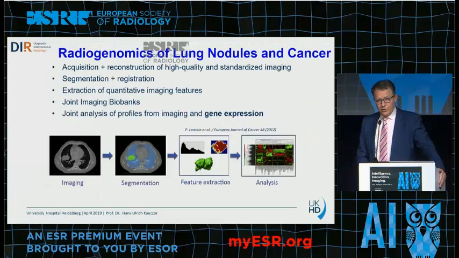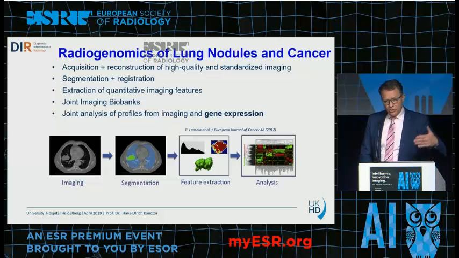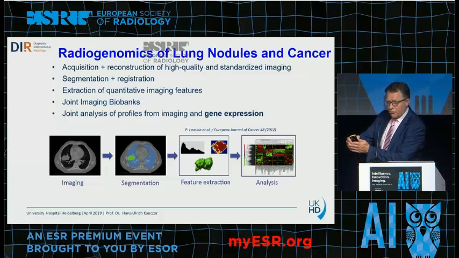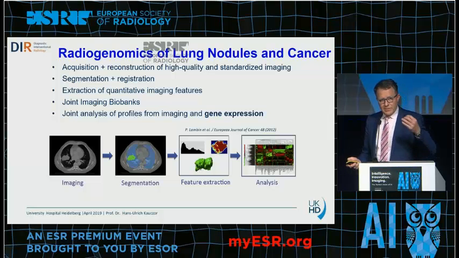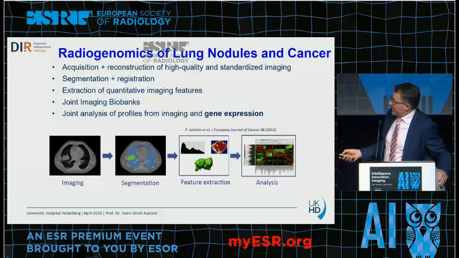So we already heard about radiomics or radiogenomics, so not only predicting the nodule as being benign or malignant, but trying to predict the prognosis or trying to predict the somatic status of the cancer.